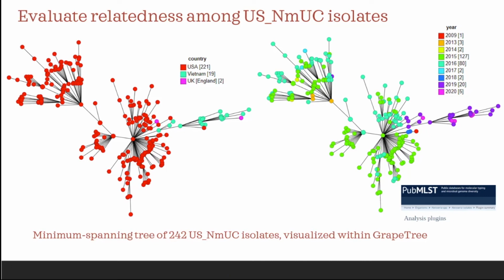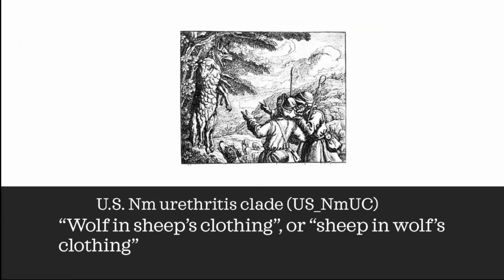So again, the message here is how important the PubMLST has been in characterization and utilization of this emerging clade. And again, we're still determining whether this is a wolf in sheep's clothing or a sheep in wolf's clothing.